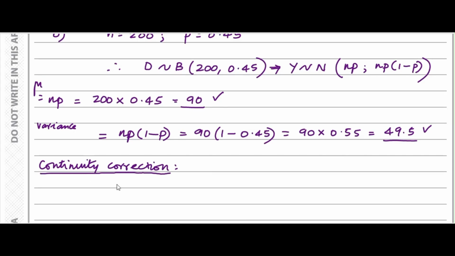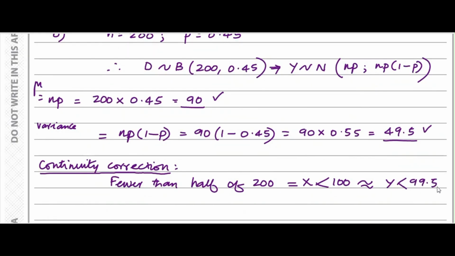So the question says fewer than half of 200. So fewer than half of 200 would actually mean less than 100. That is, we can say X being less than 100, and that should be converted into Y being less than 99.5 using the continuity correction concept.